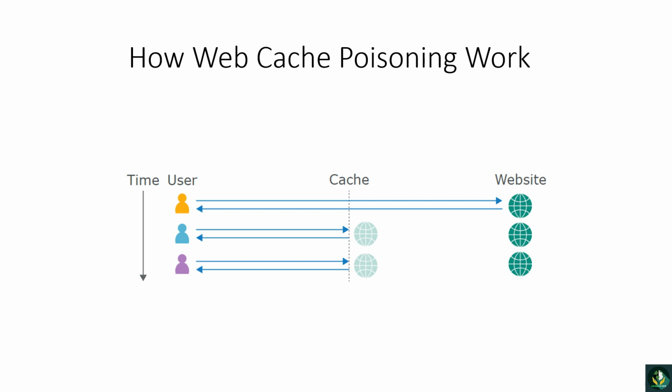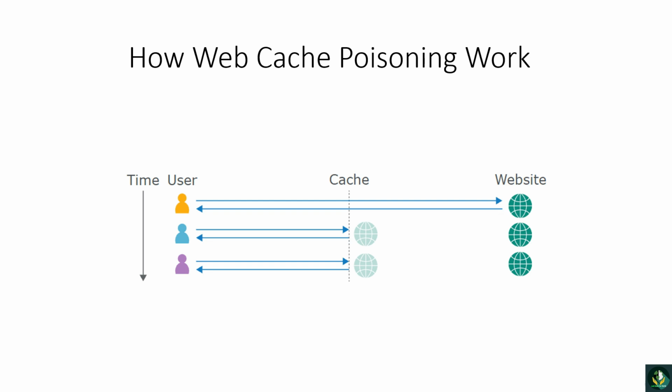The cache sits between the server and the user, where it saves the responses to particular requests, usually for a fixed amount of time. If another user then sends the equivalent request, the cache simply serves a copy of the cached response directly to the user without any interaction from the backend. This greatly eases the load on the server by reducing the number of duplicate requests that it has to handle.